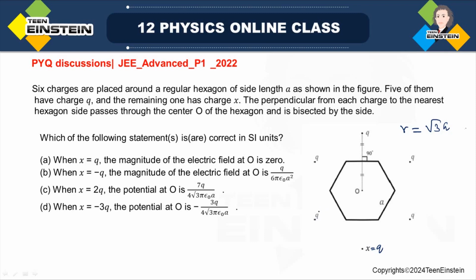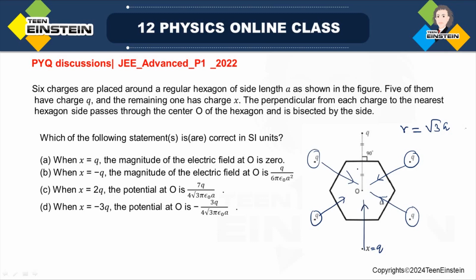So look, the electric field produced by this charge and the electric field produced by this charge are directed exactly opposite to each other and the magnitude of the electric field will be the same. Similarly, if I consider these two charges, the magnitude will be the same and the direction will be opposite to each other.